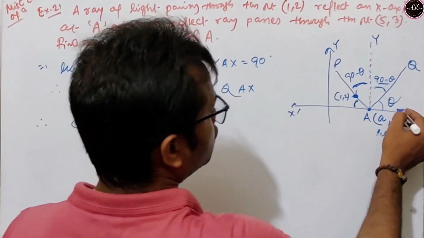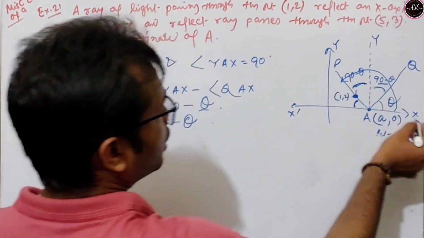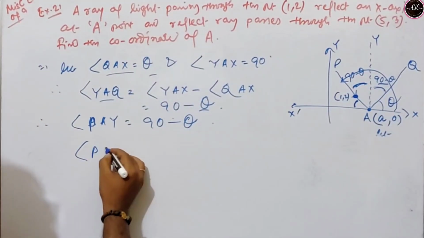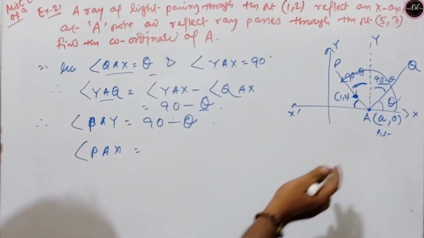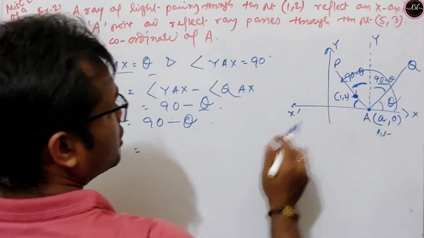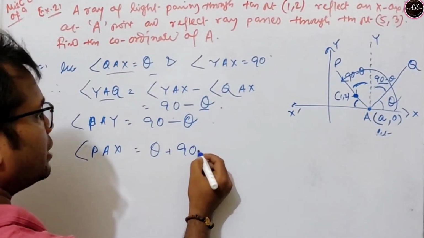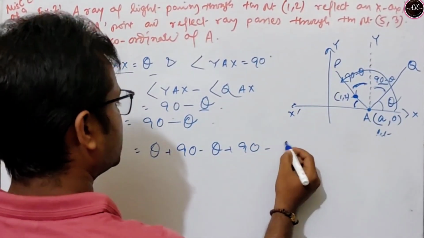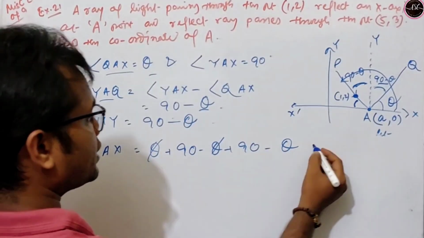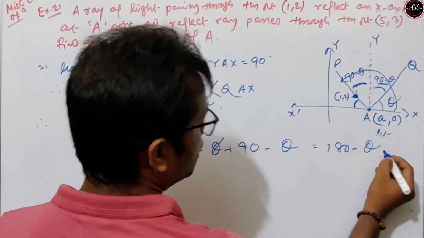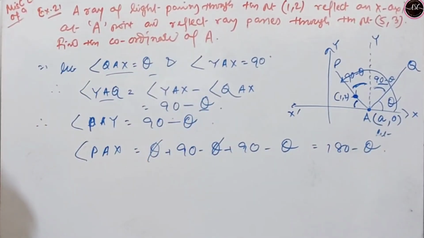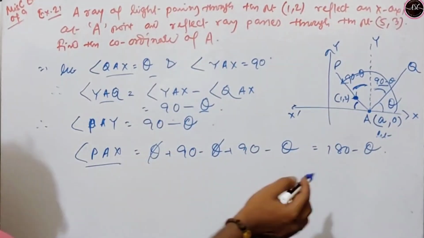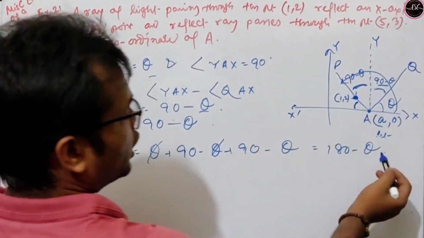Now the total angle, that means PAX, equal to the sum of these: theta plus 90 minus theta plus 90 minus theta. Theta minus theta will be cancelled out. Therefore 180 minus theta. So now PAX equal to 180 minus theta.